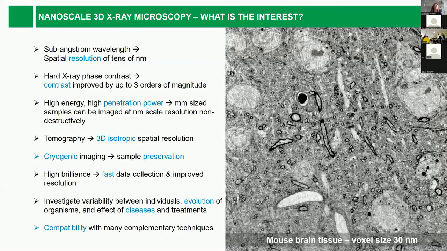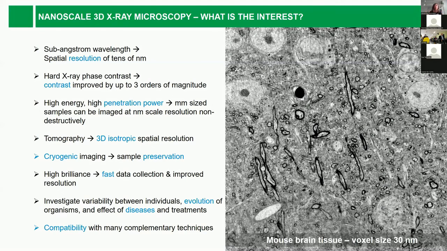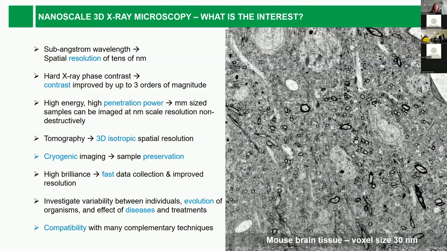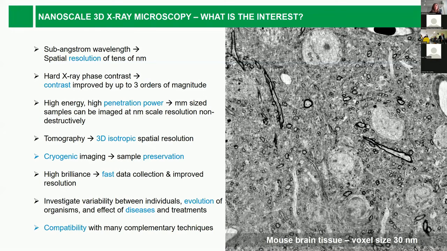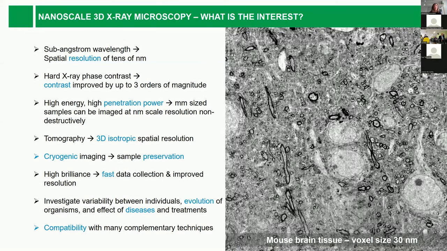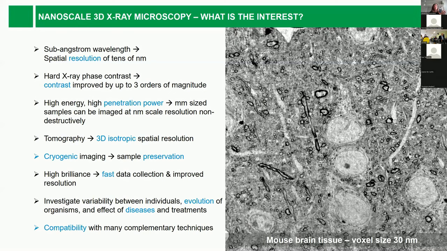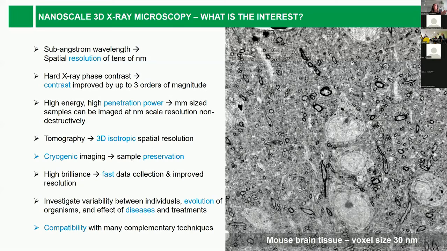And here I try to quickly highlight the main points why using X-ray microscopy at the nanoscale is really a precious tool for exploring living matter. So this starts with the fact that we can reach a resolution in the range of a few tens of nanometers.